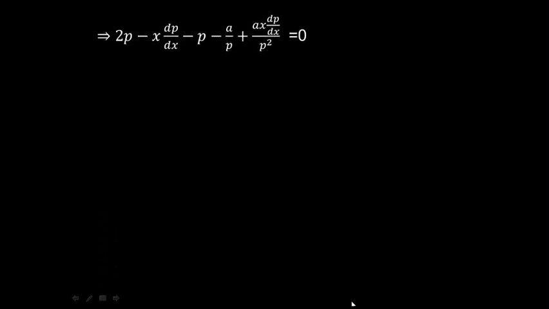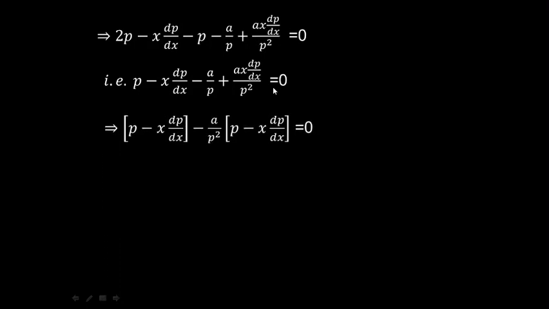Let's shift all the terms to the right and left hand side. Here you will find that the term p will get cancelled. So we are left with p minus x dp by dx minus a by p plus ax into dp by dx upon p square is equal to 0. This is what we have here.